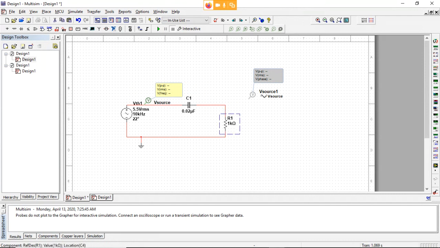All right, so here is our circuit. And remember that I think I can put text in here. So let me see where.